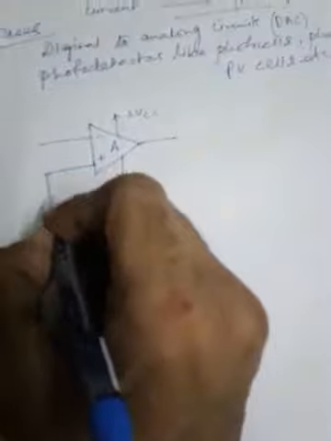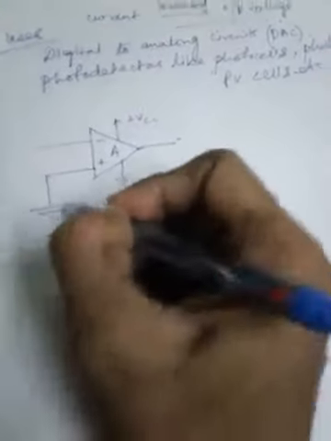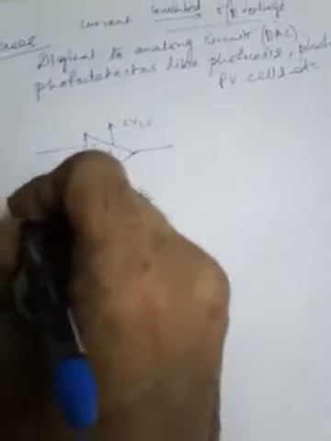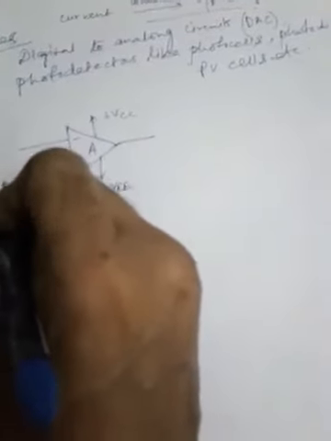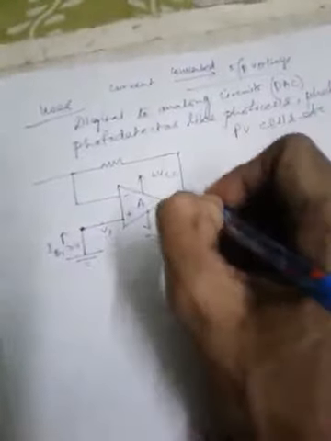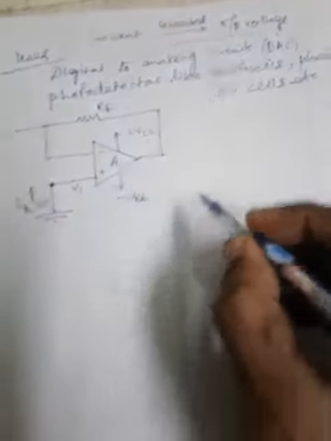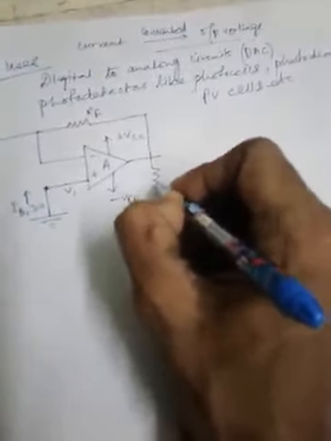Here the non-inverting terminal is directly connected to ground, so therefore this V1 is 0. Suppose this is V1 and IB1 is approximately 0, the input bias current. RF is connected as feedback resistor and RL is the load resistance.